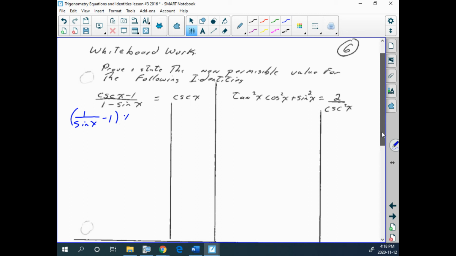And again, I'm going to multiply this by 1 minus sine x. It's just a little tidier in this case. Now we can't cross off anything yet. This guy is not over 1 denominator. So we have 1 over sine x minus sine x over sine x. We still have that guy here.